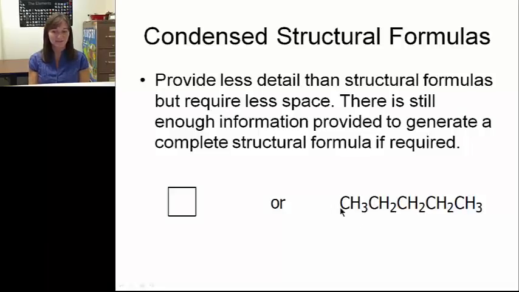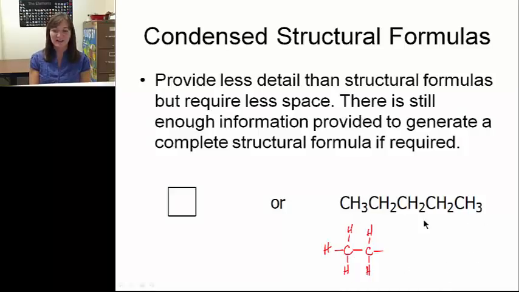I would start with my first carbon, and my formula tells me there are 3 hydrogens on that carbon. So there's my CH3. Then I move to my next carbon, and that carbon has 2 hydrogens. So you can see there's enough information in the condensed structural formula to get back to a structural formula.